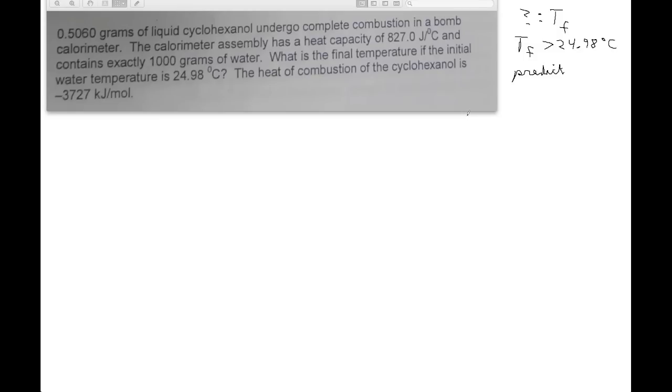So now we can do Q is equal to MC delta T, where Q is equal to the 0.5060 grams times... Oh no, actually, no, it wouldn't be that because we don't have the specific heat.